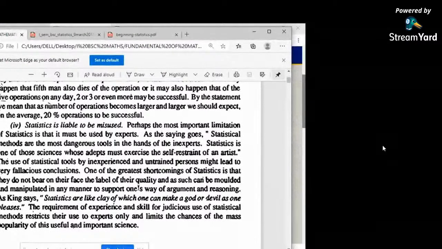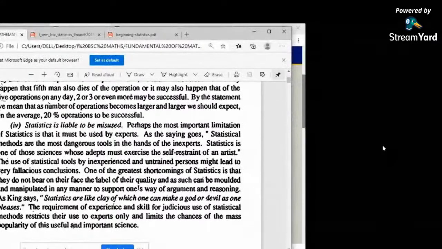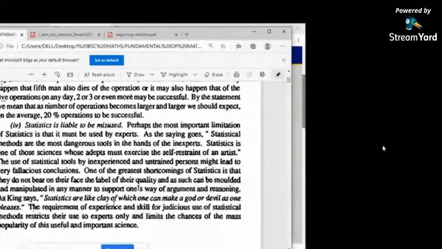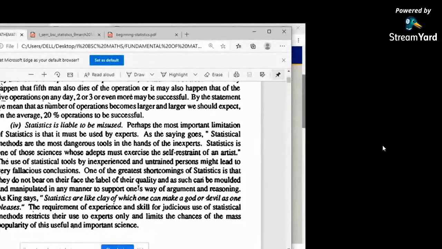That type of mistake can occur while interpreting statistical data. So statistics should be interpreted by a statistician. It should not be interpreted by a physicist, chemist, biologist, sociologist, or psychologist. It should be interpreted by a statistician. Then only the right interpretation will come.